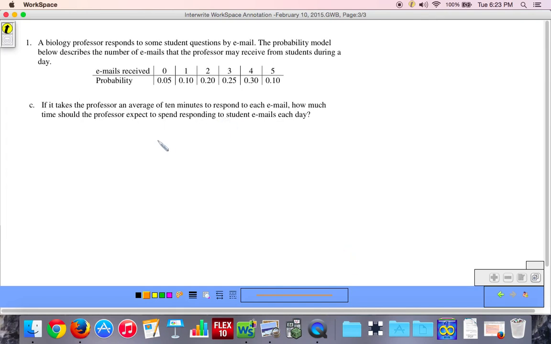And wrapping up question 1. If it takes the professor an average of 10 minutes to respond to each email, how much time should the professor expect to spend responding to student emails each day? Well, we know the average number of emails is 2.95 emails per day.